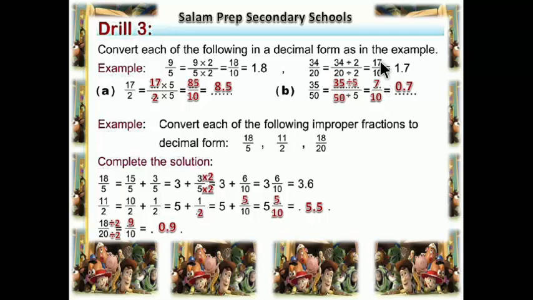So we need to put the decimal point in front of 17. Observe 10 has only one zero, so the decimal point will move backward one step. The result will be 1.7.